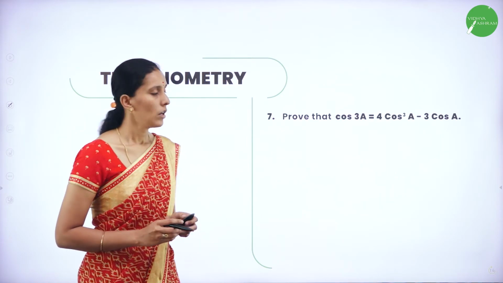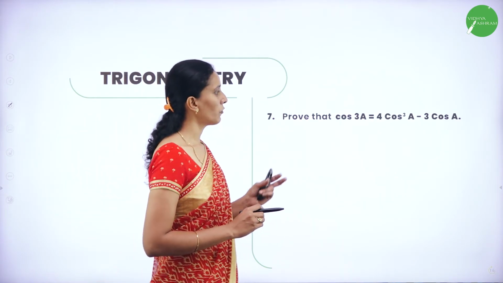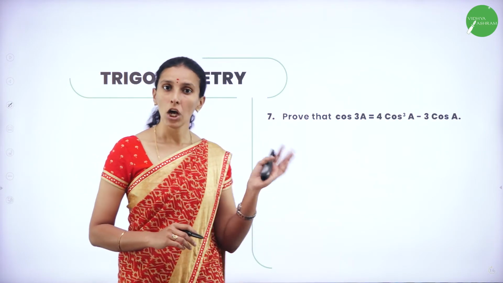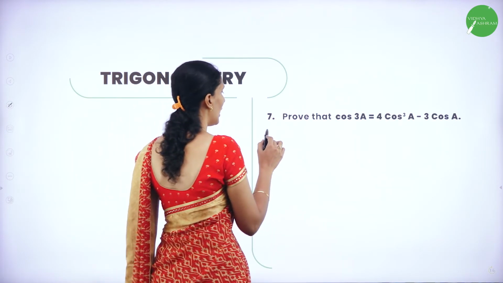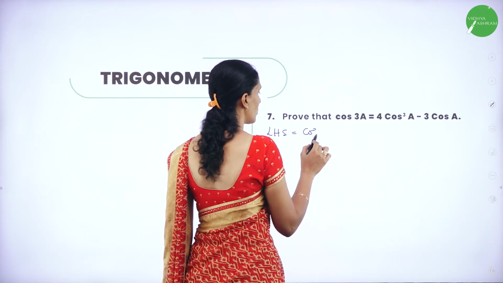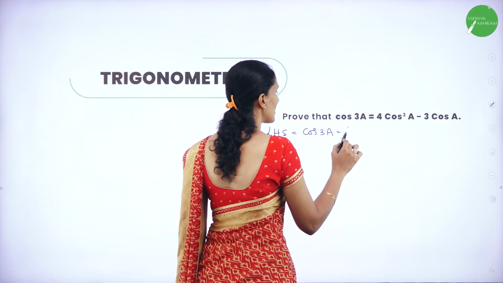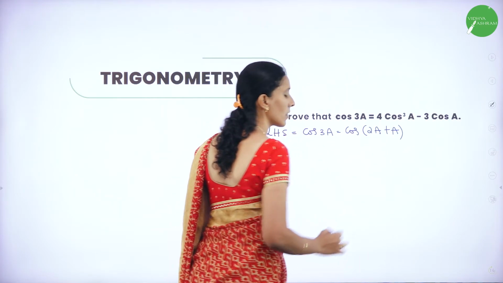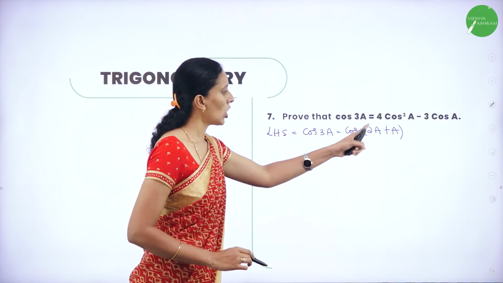Next we have, prove that cos 3A is equal to 4 cos cube A minus 3 cos A. Yes, the multiple angle formula, how we got it. So let us consider the left hand side cos 3A. Write this as sum of 2A and A. Now this is in the form of cos(A plus B).